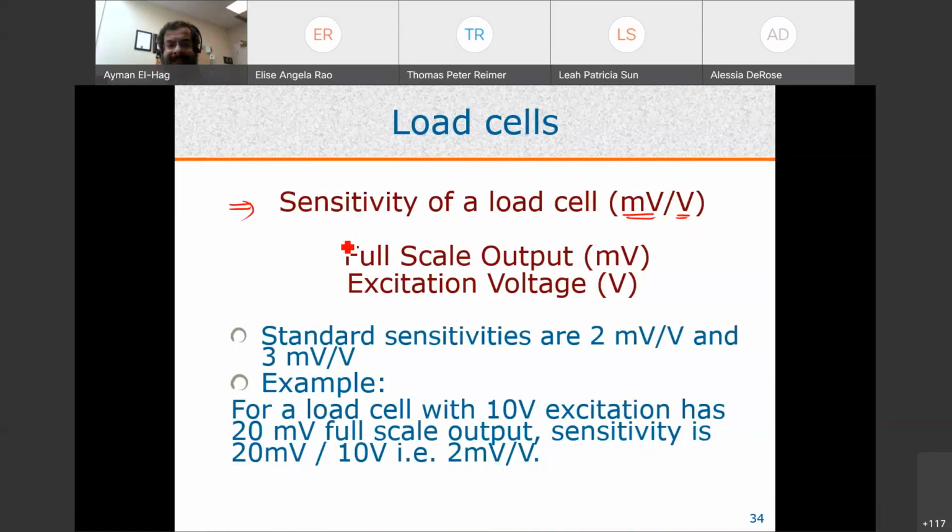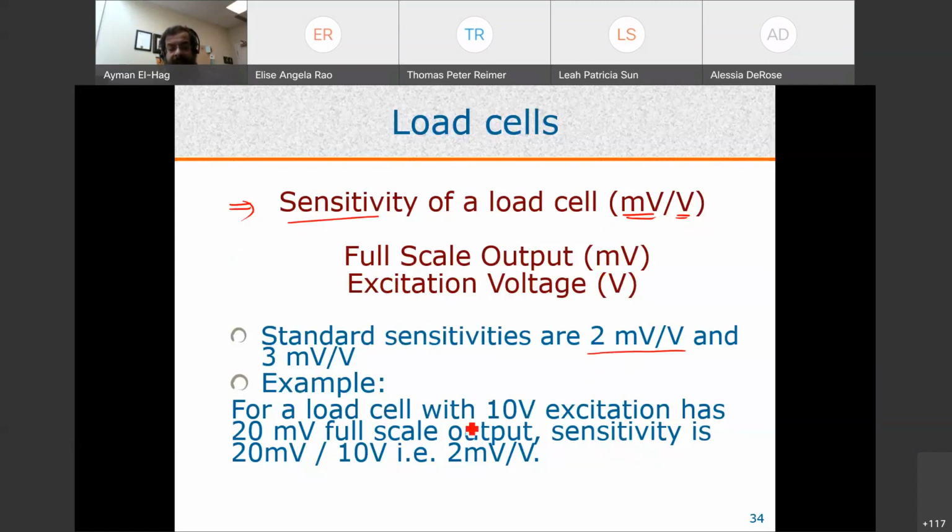So here the sensitivity will show you how much maximum full scale voltage in millivolt I can get per the excitation voltage. For example, these are the standard sensitivities, 2 millivolt per volt or 3 millivolt per volt. Let's see how we calculate this figure.